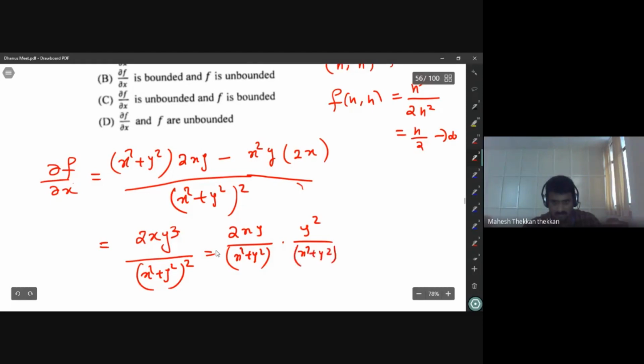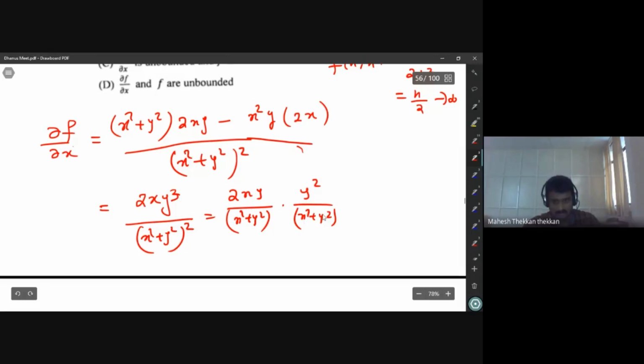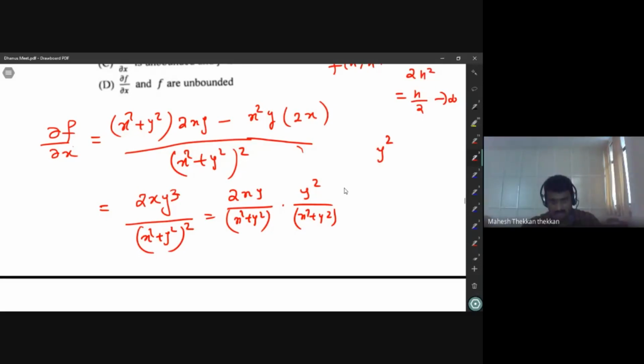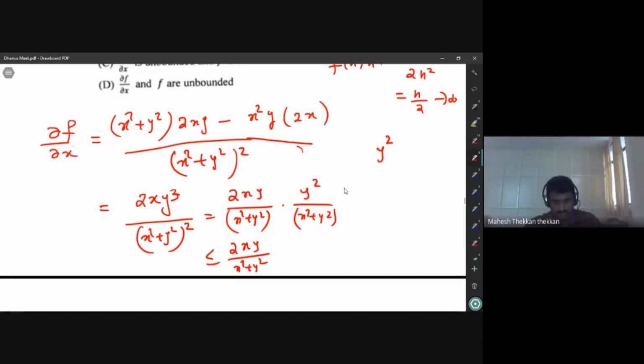Is it fine? What about the second one? This is bounded by 1. Y square by x square plus y square is bounded by 1. So I can write this is less than or equal to 2xy by x square plus y square.